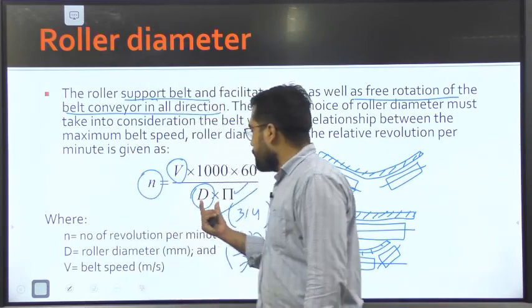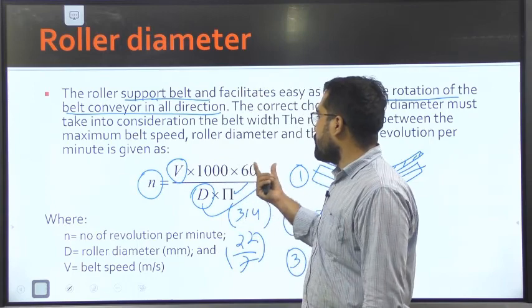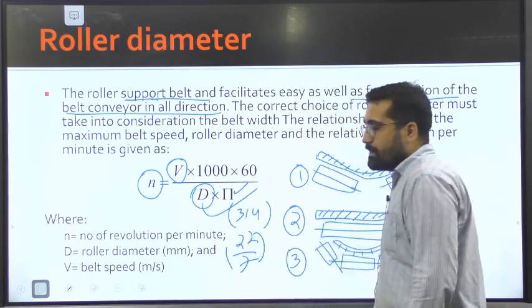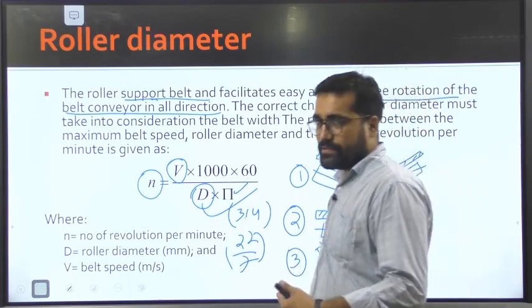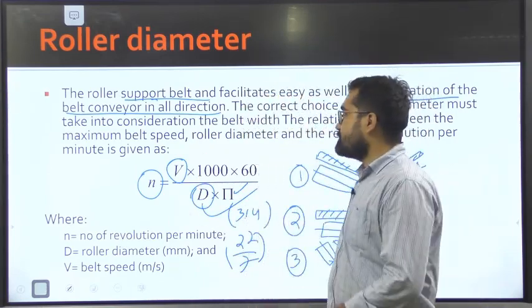Clear? So the formula for roller diameter is D equals V into 1000 into 60 divided by N into pi, where N is the RPM or revolutions per minute of the motor, and V is the velocity of the belt.